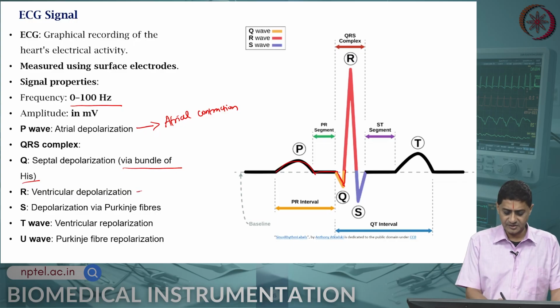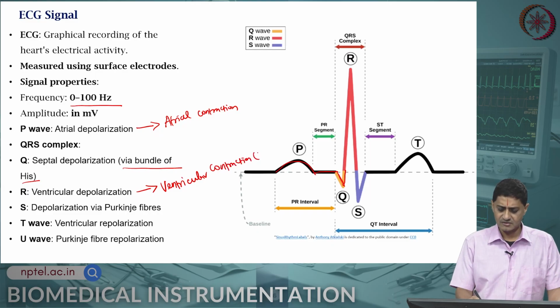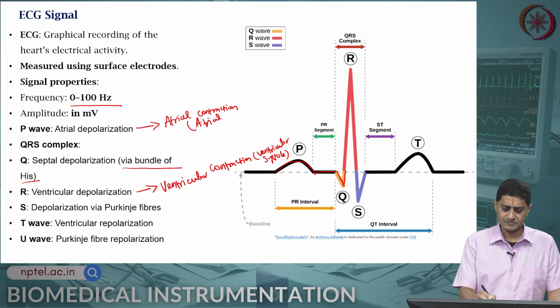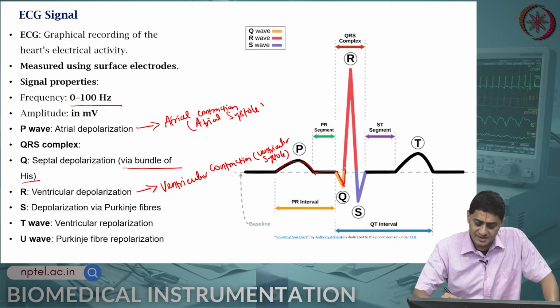This ventricular depolarization is then followed by ventricular contraction or the ventricular systole. Of course, the atrial contraction is called the atrial systole. Systole means contraction, diastole means relaxation.